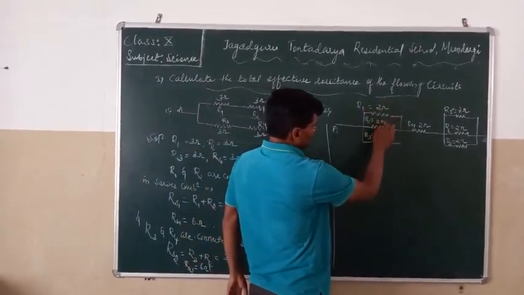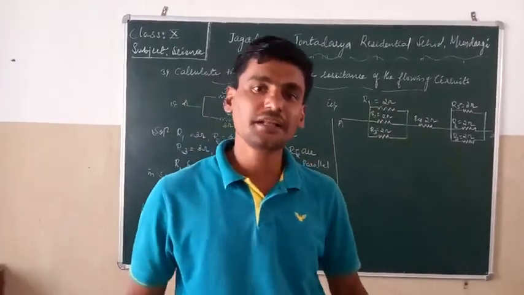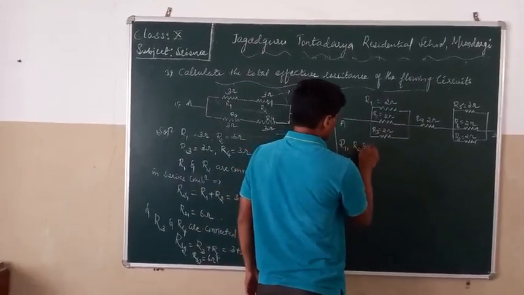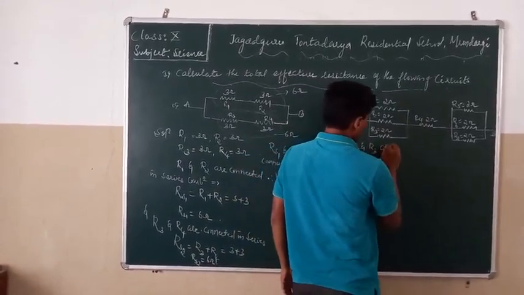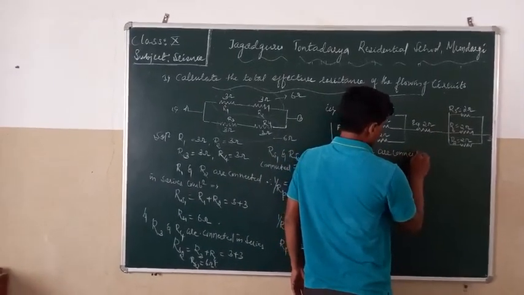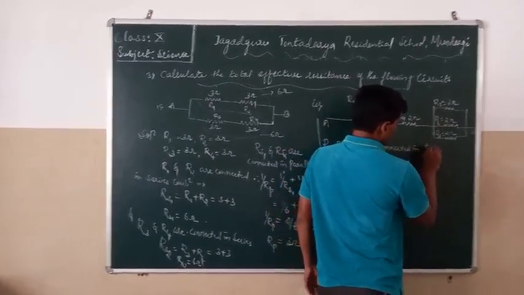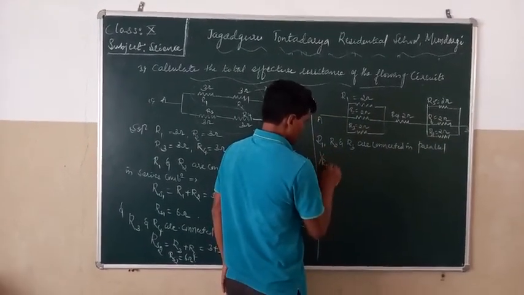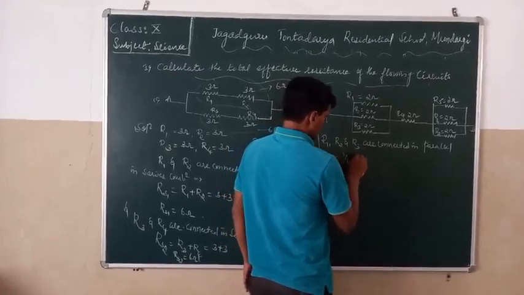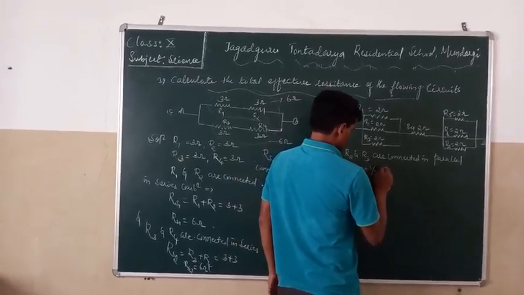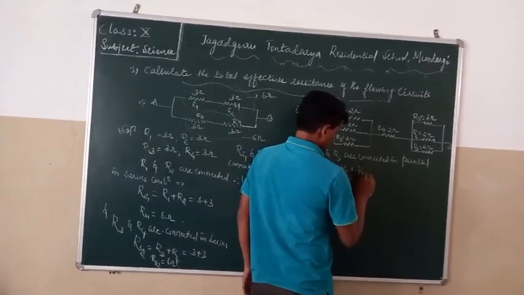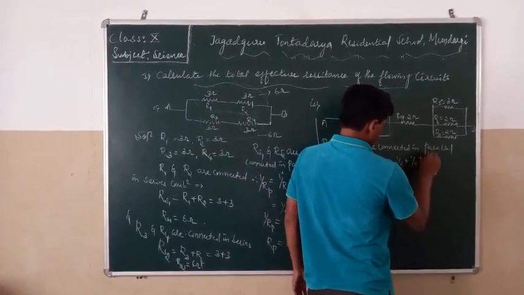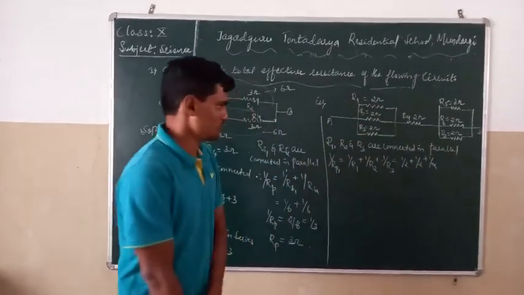So R1, R2 and R3 are connected in parallel. 1 by Rp1 is equal to 1 by R1 plus 1 by R2 plus 1 by R3, that is 1 by 2 plus 1 by 2 plus 1 by 2.